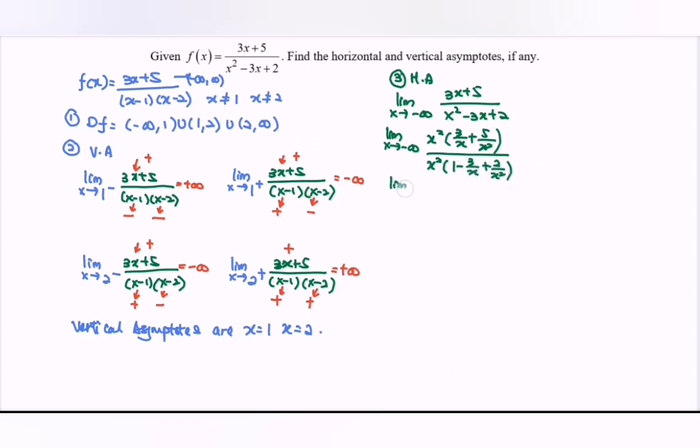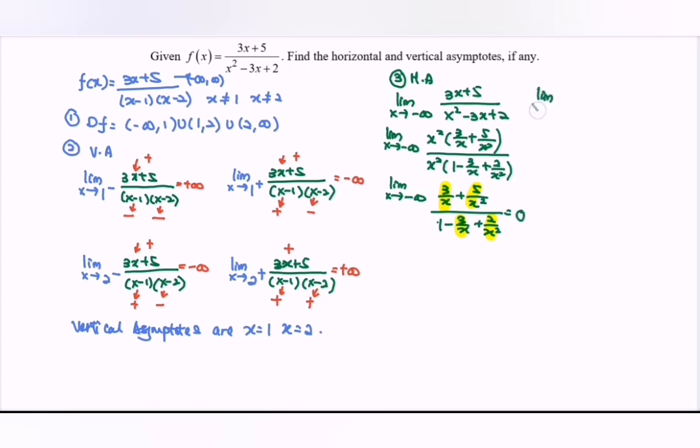Can we simplify? Limit when x approaches negative infinity, we have (3/x + 5/x squared) over (1 - 3/x + 2/x squared). If we substitute negative infinity into this, the numerator is 0. So as a conclusion, we have 0 over 1, which is 0.